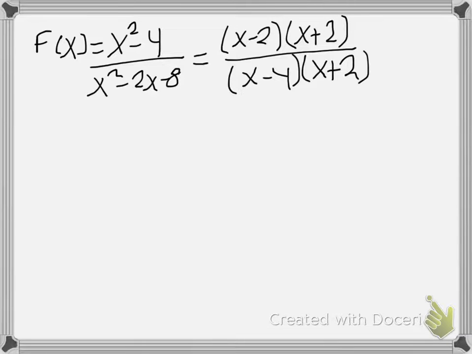Amazingly enough, we actually have a common factor. We have the x plus 2, so we're going to cancel that out. Boom. So we're going to have x minus 2 over x minus 4.